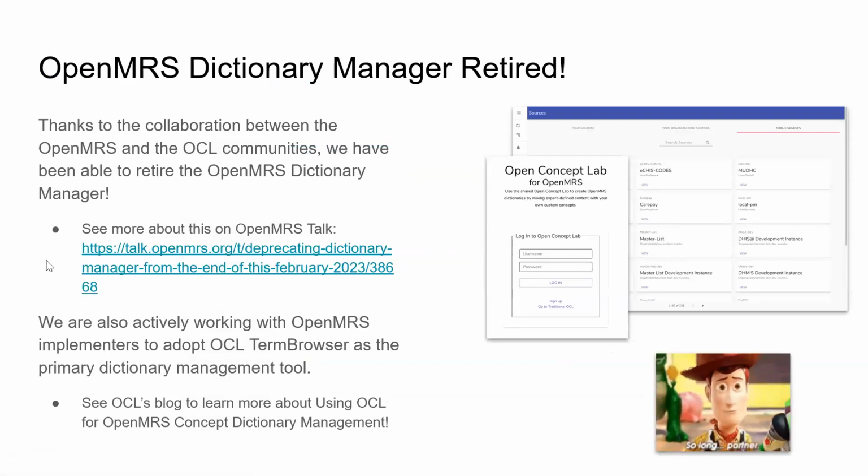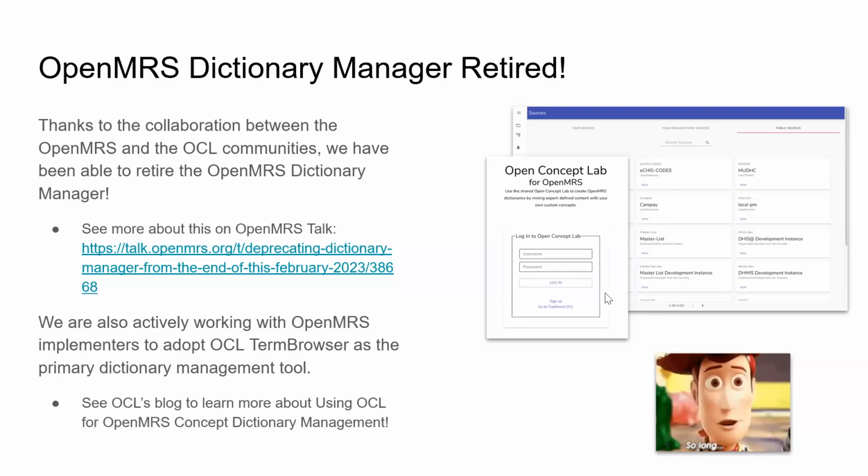Also wanted to mention a very good milestone, which is that the dictionary manager for OpenMRS has been retired. There was a post about this that our community member Saruchi posted, and we also put together a getting started guide for OpenMRS users in OCL. Essentially, the user interface that you might be used to seeing here has now transitioned over to the term browser, and you will get redirected if you try to go back to this OpenMRS.